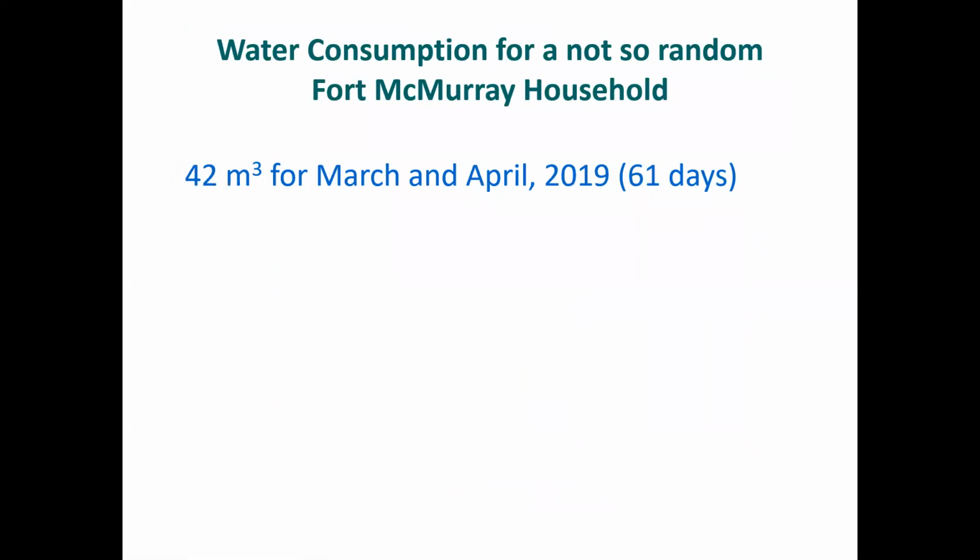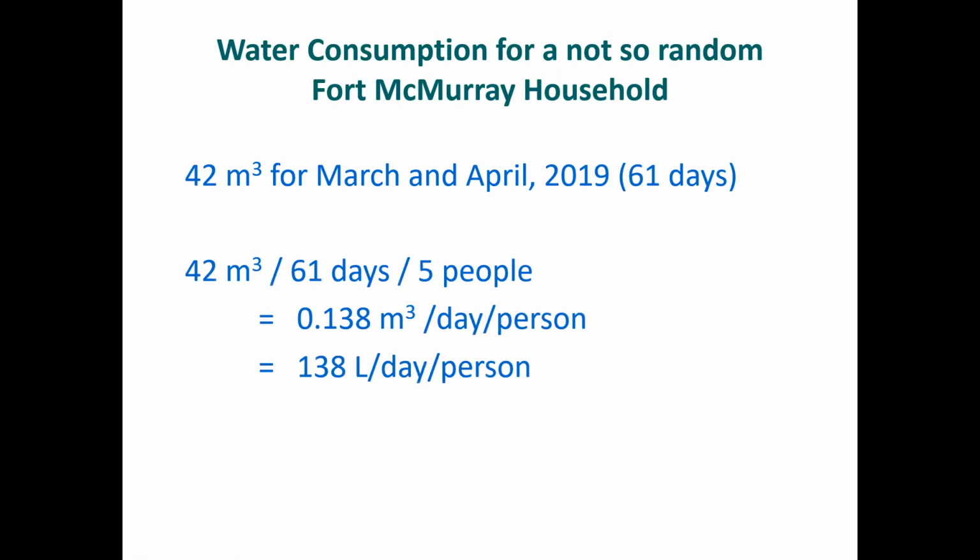Okay, so I found some data for a not so random Fort McMurray household. I don't know why I put that title in there, but I did find some Fort McMurray data. This is saying that 42 cubic meters are used per day between March and April of 2019.